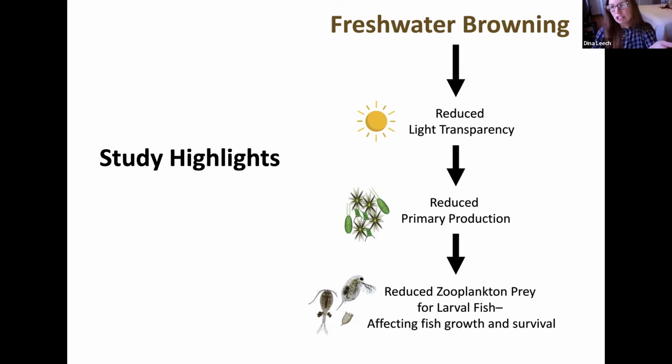And with less algae in the system, you have less prey that are available to the larval fish. So that's going to affect their growth as well as their survival. We saw more mortality in our darker brown treatments compared to our lighter brown or our lake water treatments.